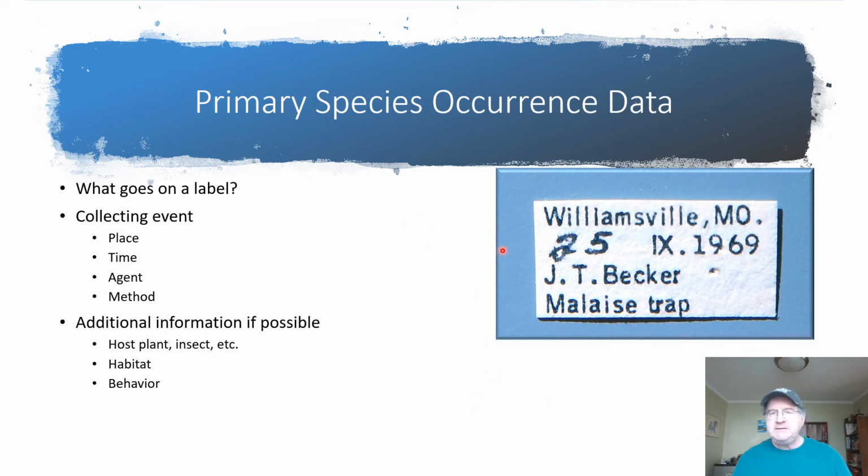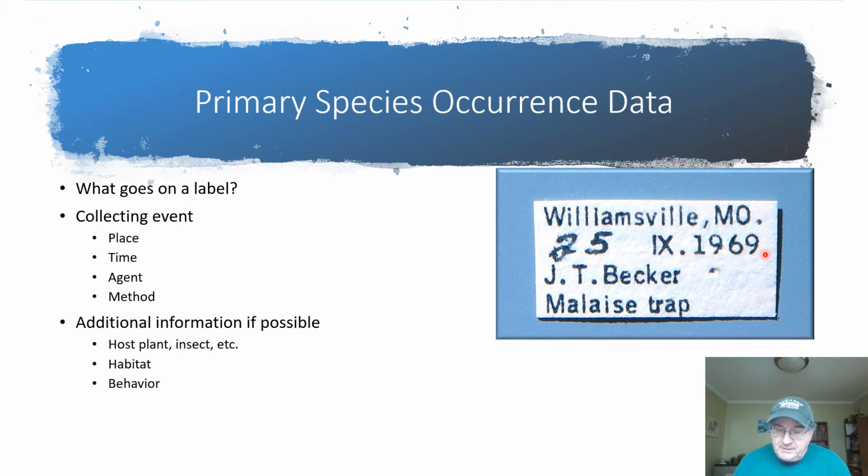You'll find that there are lots of ways to express dates on a label, and I would recommend that in order to avoid ambiguity in the future, you spell it out as clearly as possible. Because if this was just 25/9/1969, I think everyone in the world would interpret this as the year 1969. And I guess this is not a good example because there's no month 25, but let's say this is 12/9/1969.